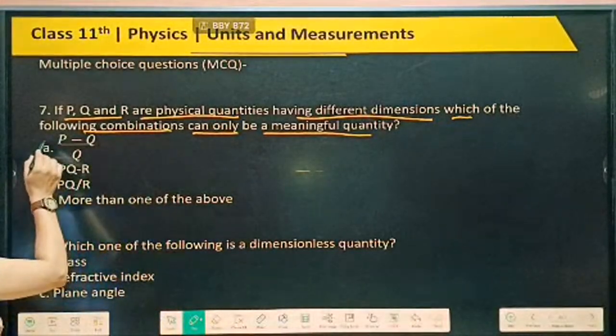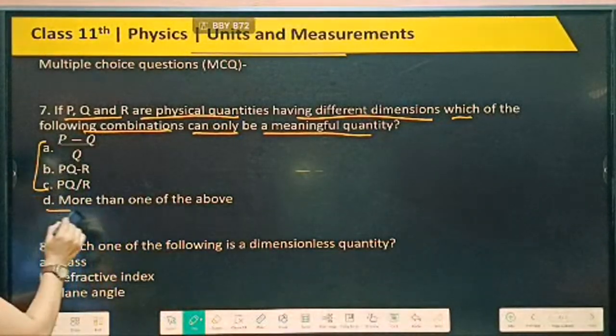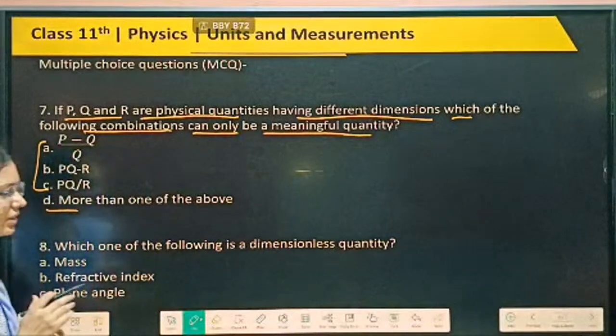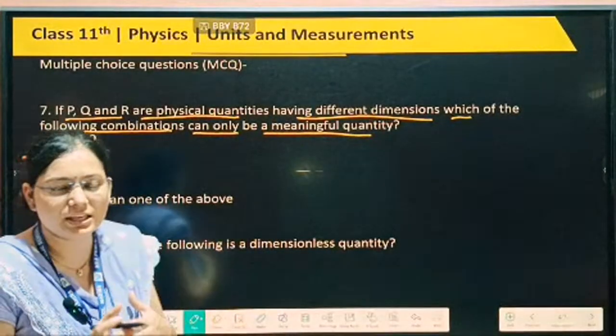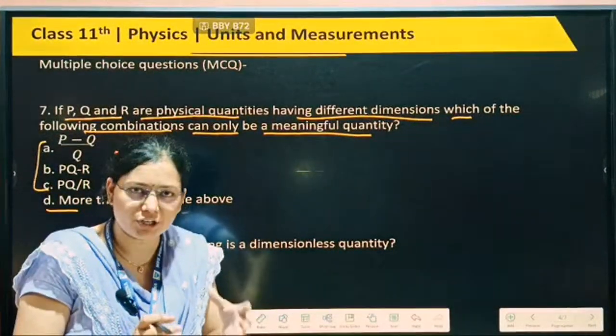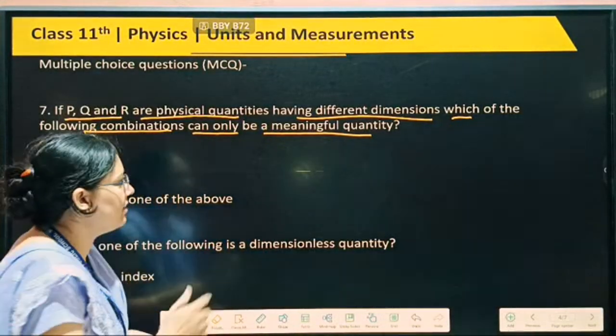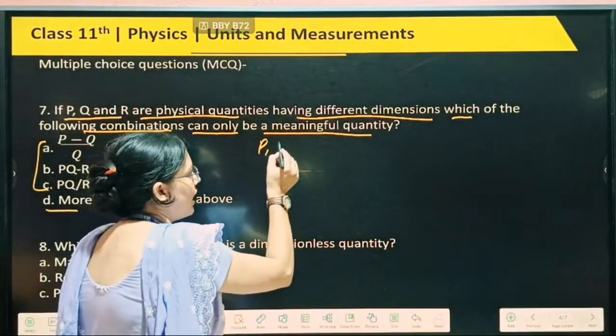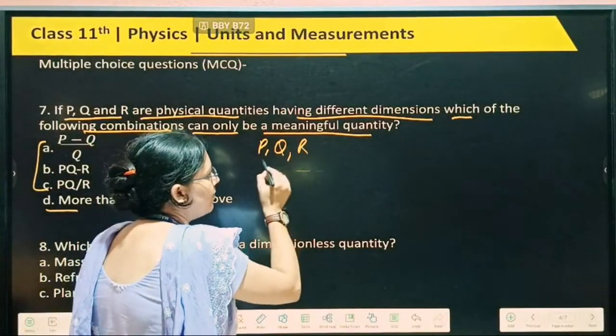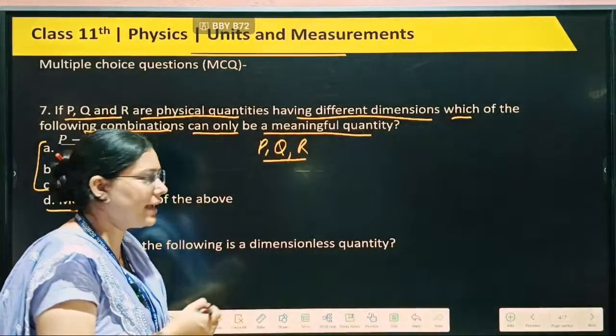Three options are given, and more than one is possible. Out of the three, you have to check which relation can be meaningful if P, Q, R are different units.